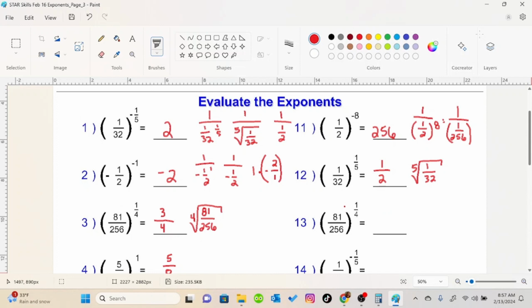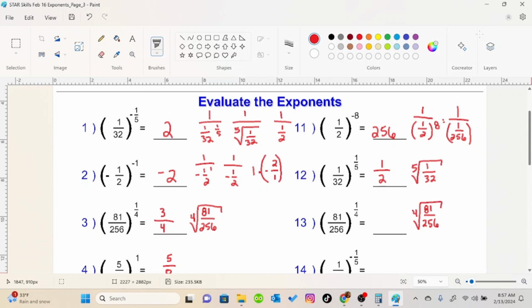Number 13. 81 over 256 to the power of 1/4. This means we want the fourth root of 81 over 256.